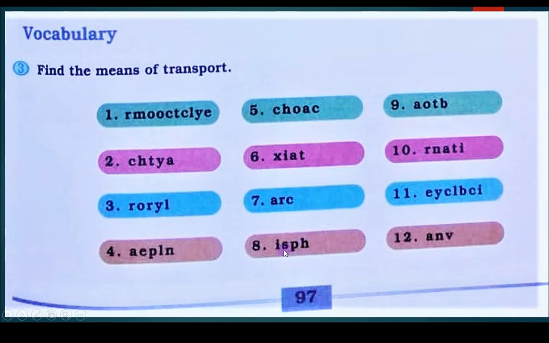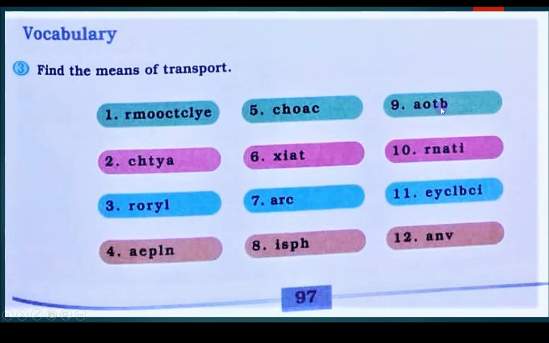This is a means of transport that we use to travel by sea. هذه وسيلة النقل اللي كنستعملوها من أجل السفر عبر البحر. So, what is it? It's a ship. A ship. باخرة.